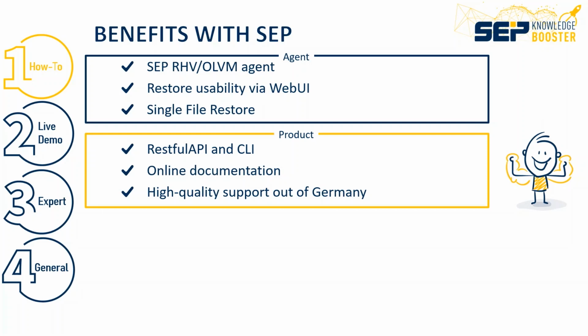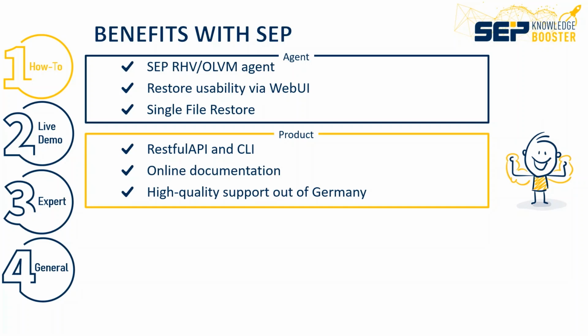However, our product, the backup software SEP Sesam, can really do much more, because we have, for example, a complete full set of command line interface. We have a RESTful API, so you can extract information from the product for external management software. We have a cool online documentation, our wiki, which is very well structured and full of technical details, and how to configure and all this kind of stuff.